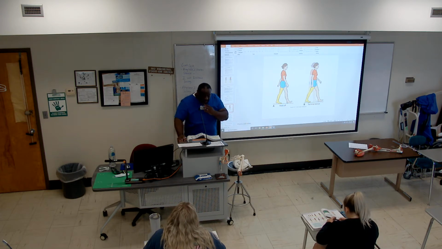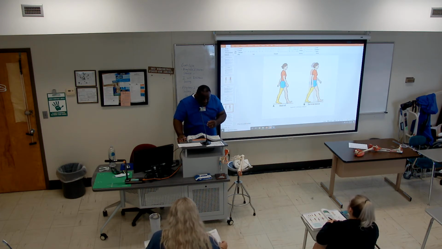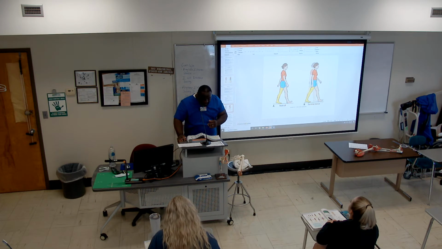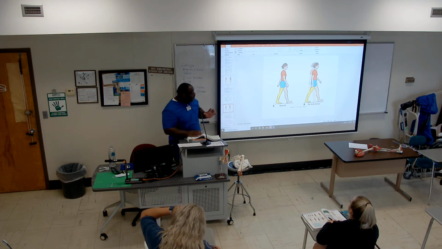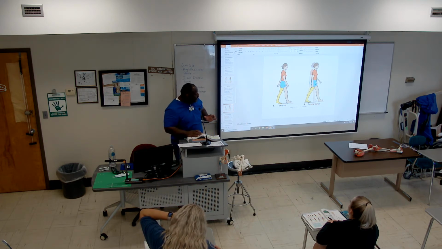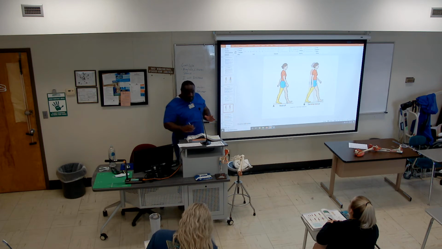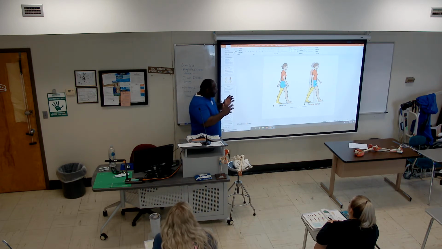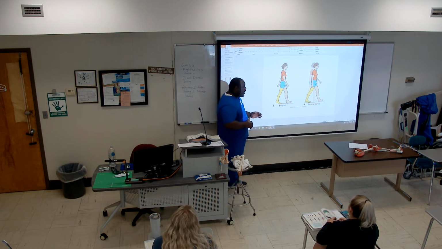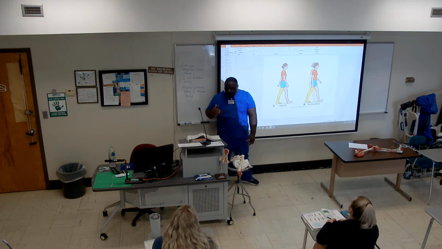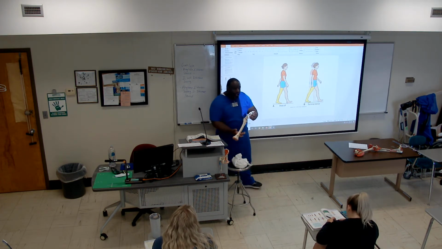So as we go into heel off, the ankle is going to move from full dorsiflexion into plantar flexion. So let's talk about how we get there. It talks about it's at 15 degrees of dorsiflexion and then gets to a rapid 5 degrees of plantar flexion. How do we get there?